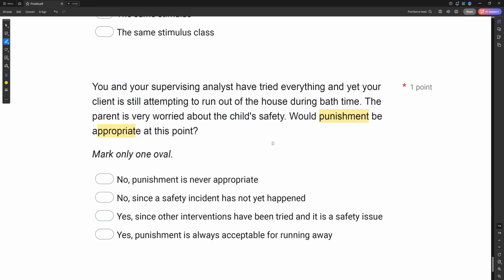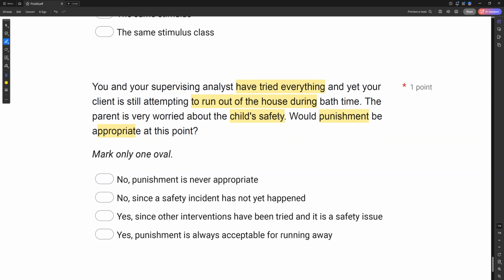Have we tried everything else? Is it necessary to use punishment? Because punishment should only be used as necessary. What do we know so far? We know we've tried everything, and yet the client is still trying to run out of the house, and it's a safety issue. Now, ethically, if it's a safety issue, we want to try to get rid of that behavior as quick as possible.